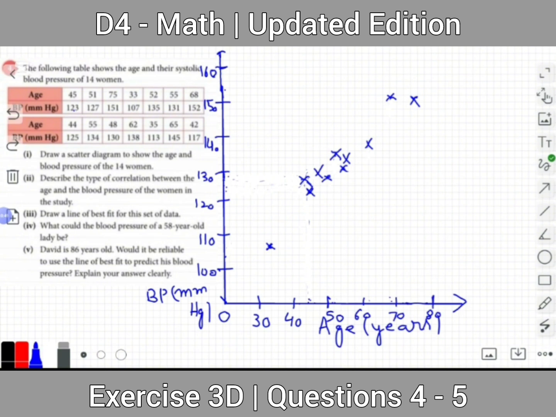Now for 35 and 113, here we have 32, 34, 36, here we have 35 somewhere, and here we have 113, so we'll put an X here.